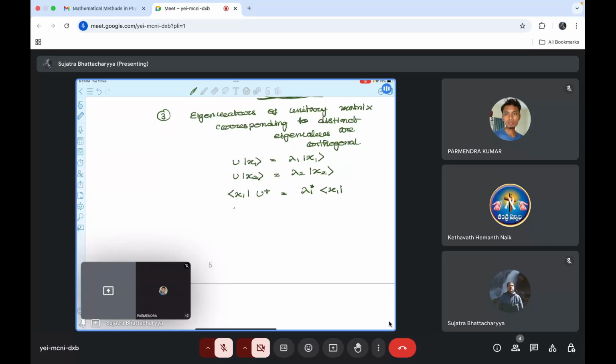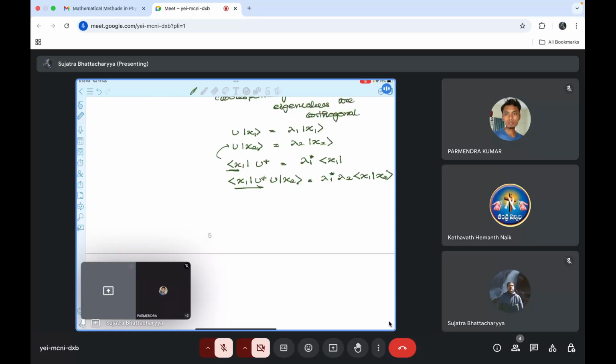If you just do the same as we have done earlier, but the catch is that here we will operate this on u x2, because ultimately we have to prove that x1 and x2 are orthogonal. Correct. So that is what we are trying to see here. On this side, what will happen? Lambda 1 star, which was already there, lambda 2 will come, and this will be x1, x2. All right. This is fine.